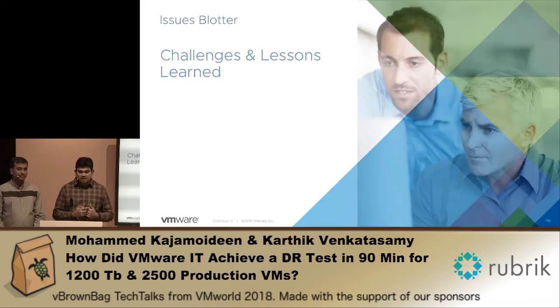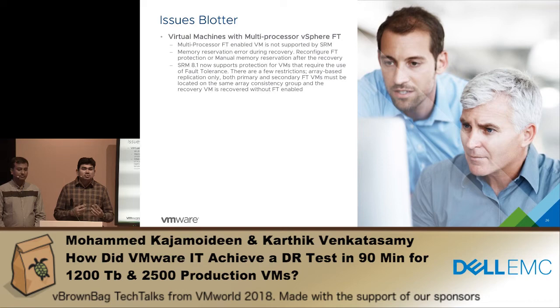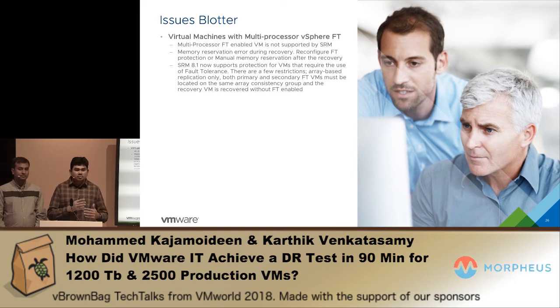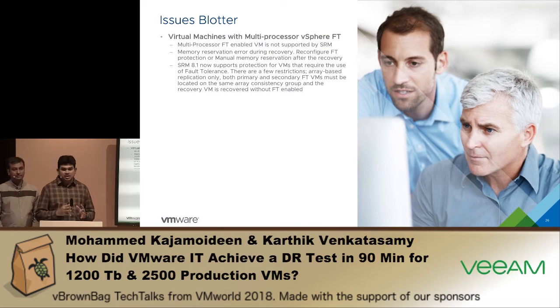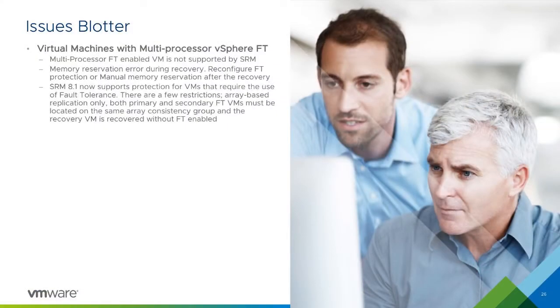testing phase. The first one is virtual machines with FT protection, especially multiprocessor VMs. Prior to SRM 8.1, when you performed test recovery of FT VMs with multiprocessor, you would receive memory reservation related errors. So you had to configure a memory reservation for the VMs on your DR side, and then power them on.